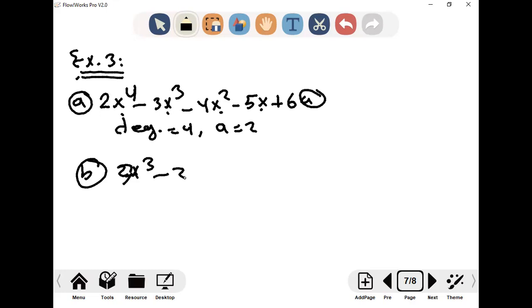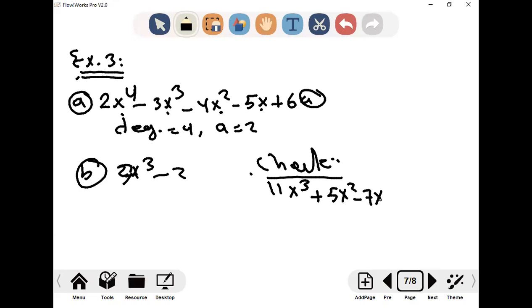Select the degree and leading coefficient of the function in front of us: 11x power 3 plus 5x power 2 minus 7x plus or minus 6 over x.